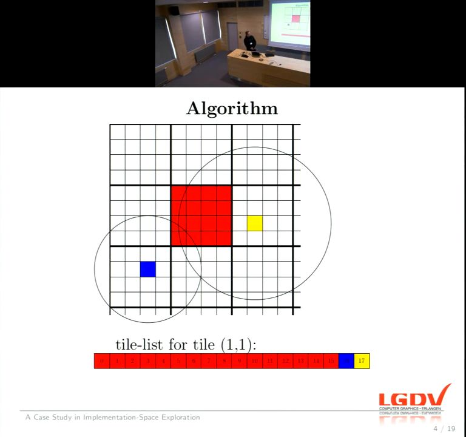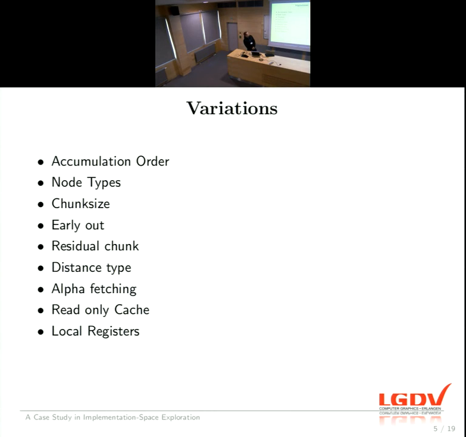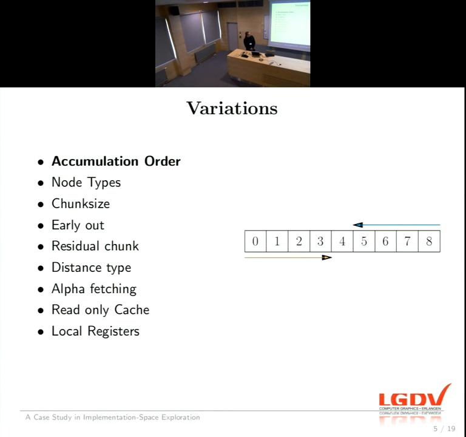And for the rest of my presentation, I will focus on the accumulation loop itself. It means how we accumulate this effect, or how we accumulate the list efficiently. So when we're doing so, we might test different versions of our algorithm. For example, we can try different accumulation orders. That means that we can accumulate our list from front to back or back to front.